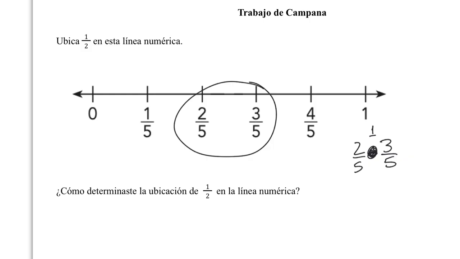So if my half is here, if I go that way, 2/5 is less. If I go to the right, you would think it is greater, right? So 3/5 is greater than 1/2. But it's still close to 1/2. So both of these fractions, 2/5 and 3/5, are close to the half.